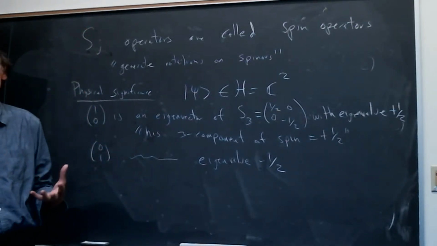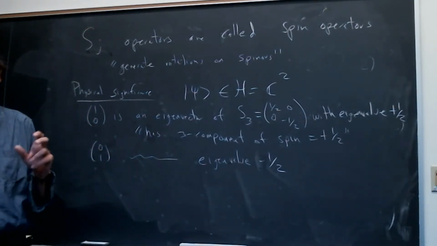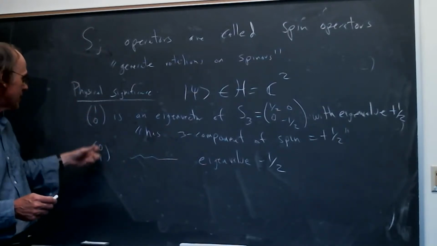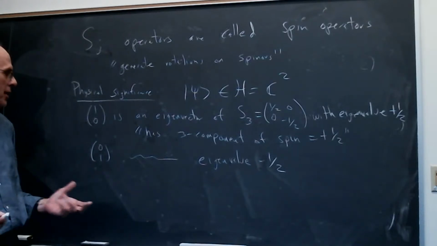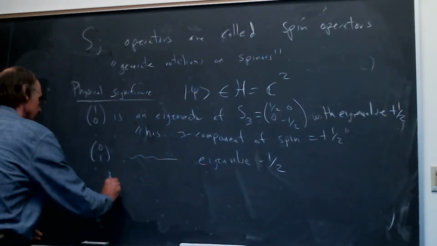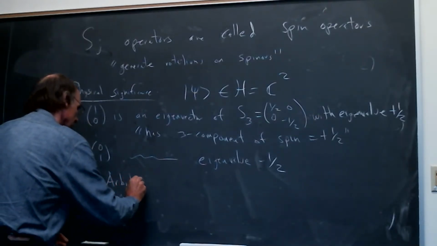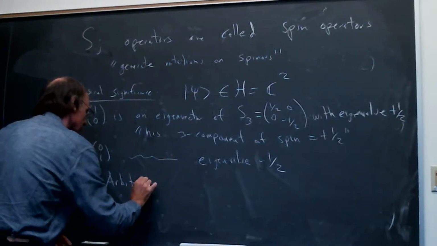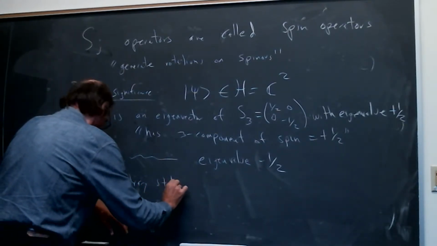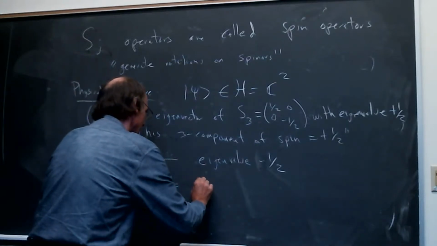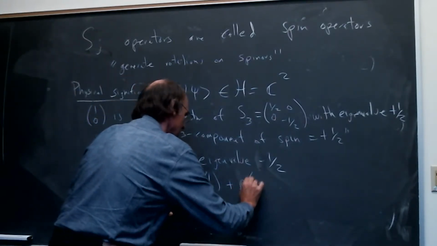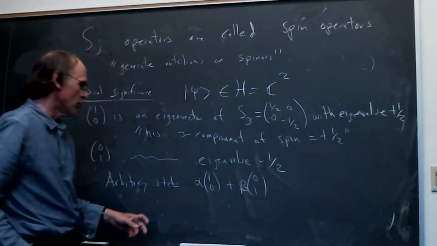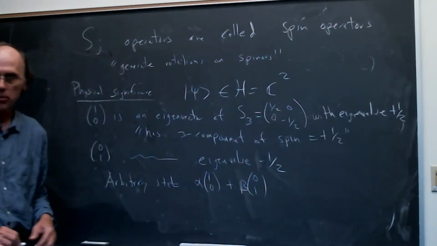If somebody says your state has a well-defined spin and it's up or down, they mean it's one of these guys. And an arbitrary state is alpha (1, 0) plus beta (0, 1), where alpha and beta are two complex numbers.